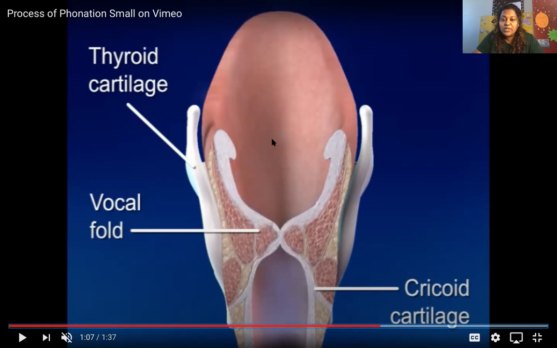Okay, so what is most important for us is the pressure level below the vocal folds should be more than the pressure level above the vocal folds. It is only when the subglottal pressure is higher than the supraglottic pressure that your vocal folds can be set into vibration, because they are closed very tightly, and that air pressure built below is what is helping it move.